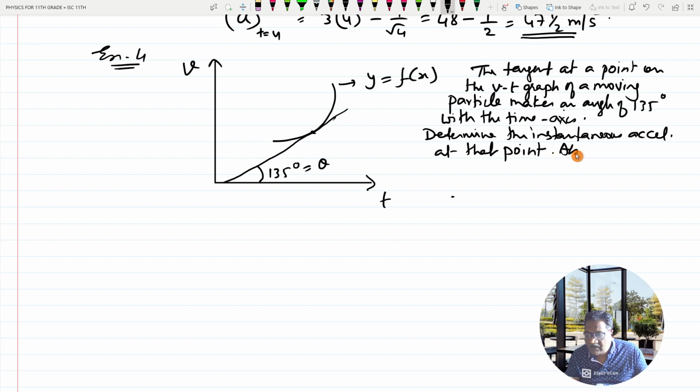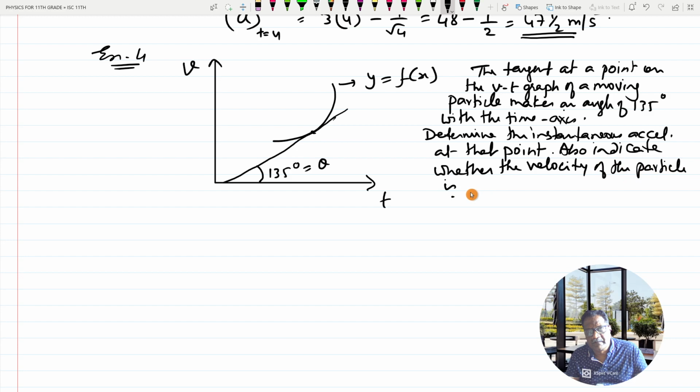Also indicate whether the velocity of the particle is increasing or decreasing at that point. So this is the question.